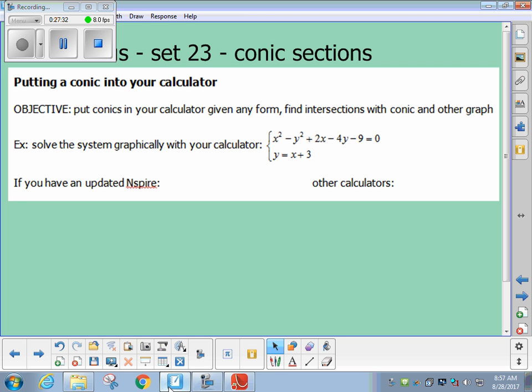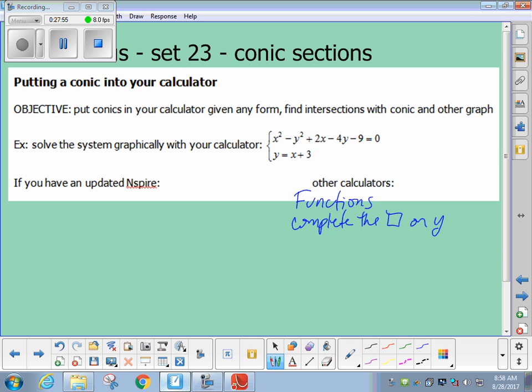Now, going back to those of you with what I think of as ghetto calculators, which I like to use. Other calculators only deal with functions. If that's the case, you must complete the square on y. Please write this down so you have it as a reference.